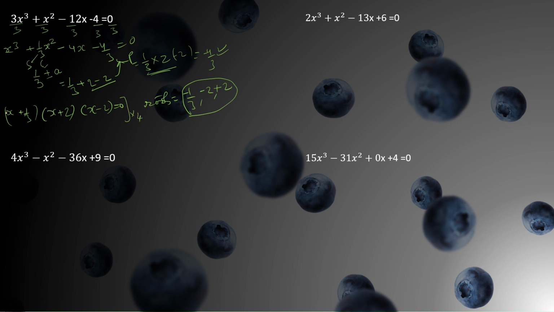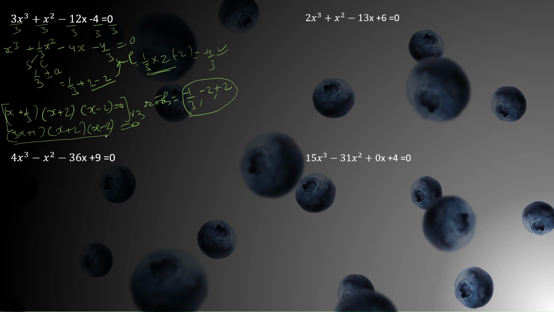But as we have divided this initial equation by 3, in order to make up for that we have to multiply. In the final step we have to multiply by 3.